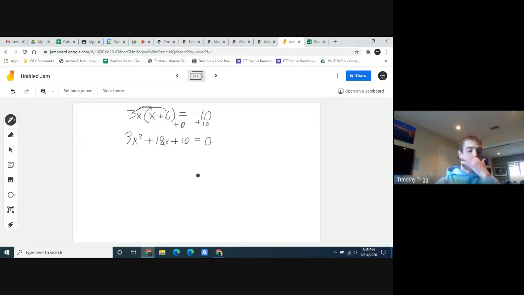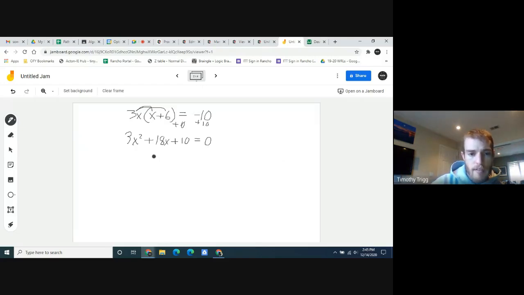Equals 0. So remember, if we're going to use the quadratic formula, which is negative b plus or minus the square root of b squared minus 4ac all over 2a, we're using that quadratic formula. Or if we're factoring, we need to get everything over to one side and then 0 on the other side.